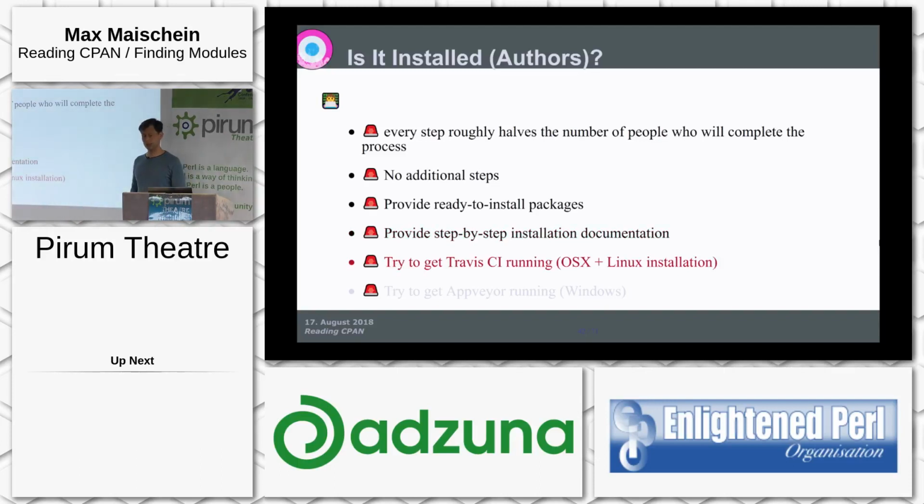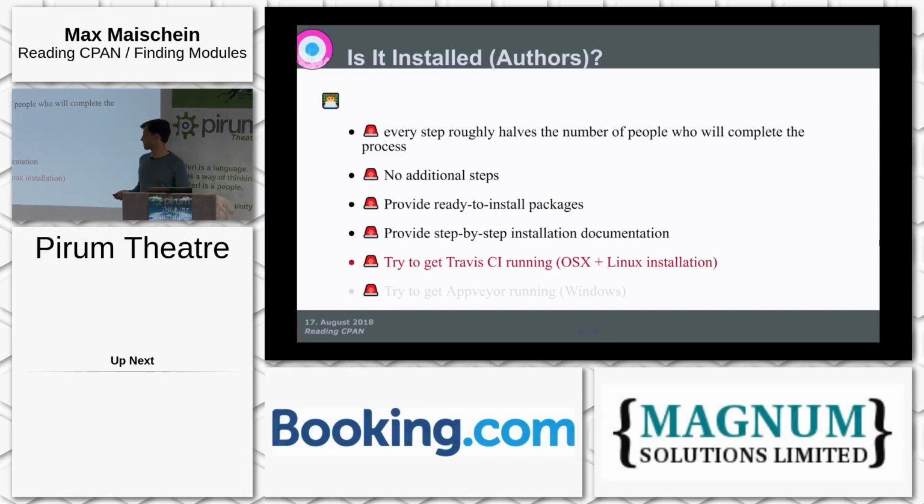And what really improved the installability of modules on OS X was getting Travis CI running, because Travis CI can run my test suite on OS X, and trying to do that forced me to find out what the invocations on OS X are to actually launch programs like I want.